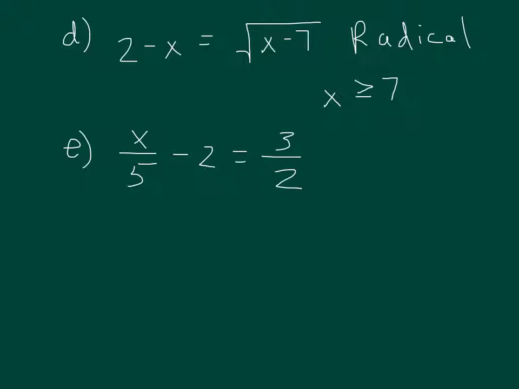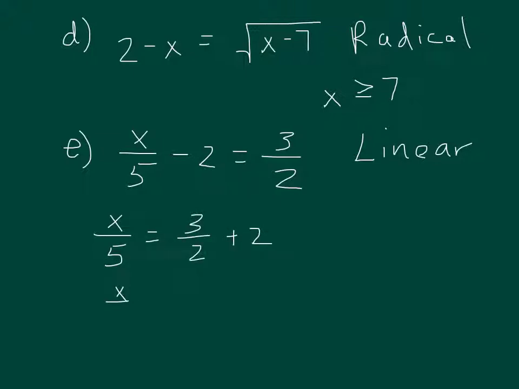The best classification for this is a linear equation because, again, even though there are denominators, look, what is in the denominators? Constants. 5 and 2 are in the denominators. There are no variables in there. So we've got an x to the first power. This is old school. We can solve this equation just by using our inverse operations.